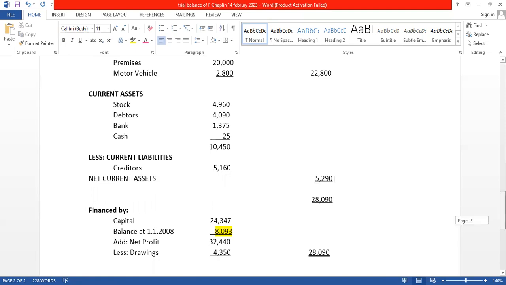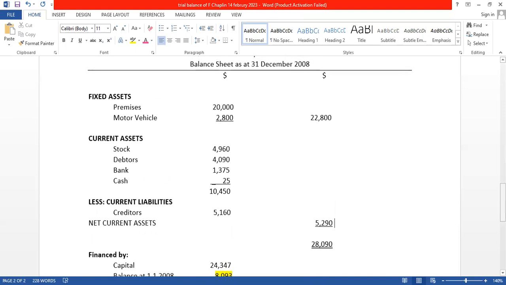Now, if you scroll back up a little bit, we have our total fixed assets here, correct? What we're going to do now is to add the net current assets to the total fixed assets.